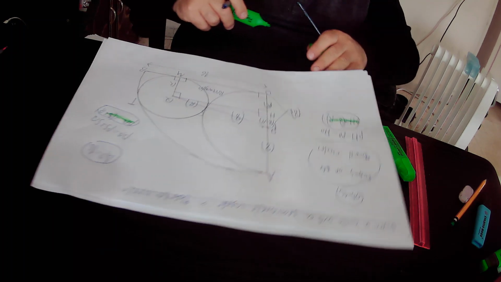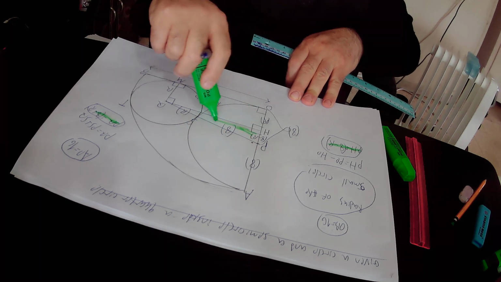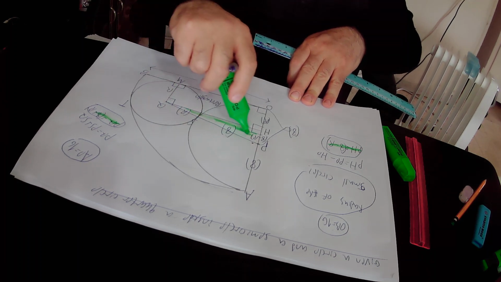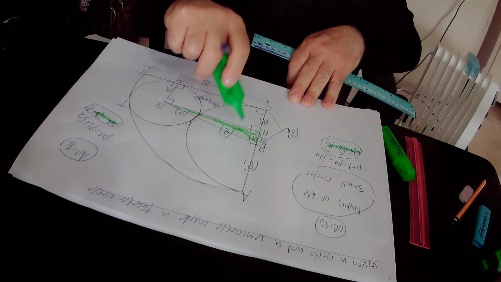In the next step, I'll copy the right green triangle PHQ onto a new page, and we will implement the Pythagoras theorem on this right green triangle PHQ.